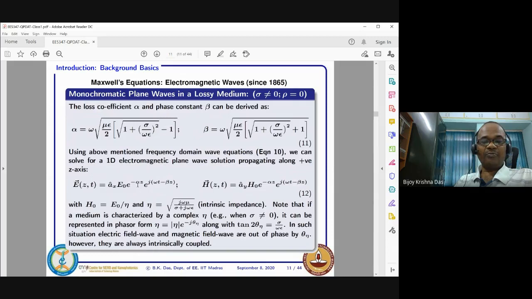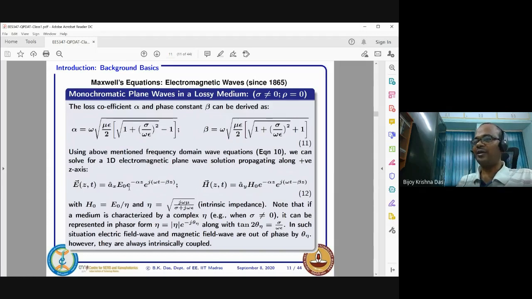I took the minus sign here. You can ask me, why minus sign, why not plus is considered here? Because the gamma solutions can be e to the power plus minus gamma z, right? Yes, sir. But if you consider plus, then that is not feasible at this point, because the electric field cannot grow as it propagates, because where from will it get energy? The medium cannot supply energy.